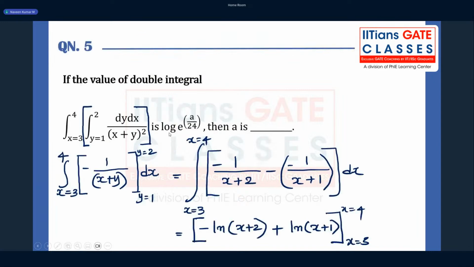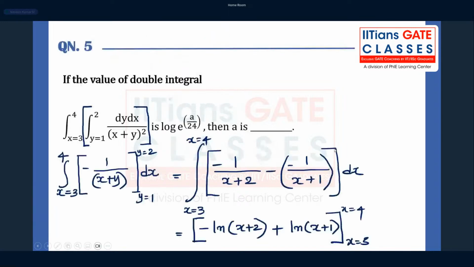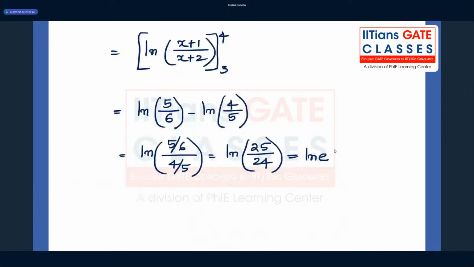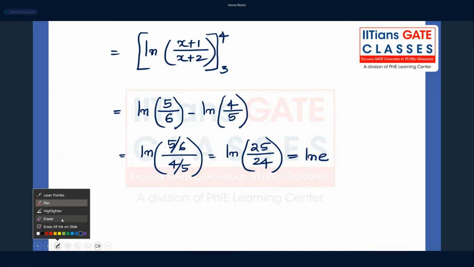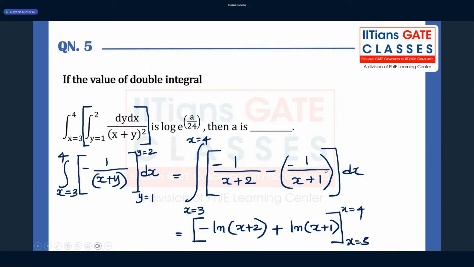And what they said, this value is ln of a by 24. So the value will be... there is some mistake, isn't it?